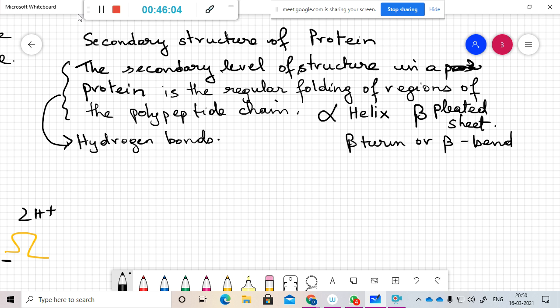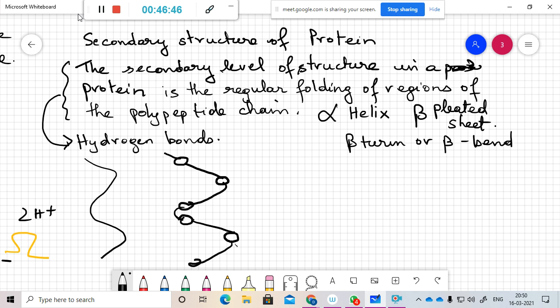So in an alpha helix, the structure goes like this: this is the C alpha, this is the C alpha of the consecutive one, another C alpha, next C alpha. So the structure is something like this.